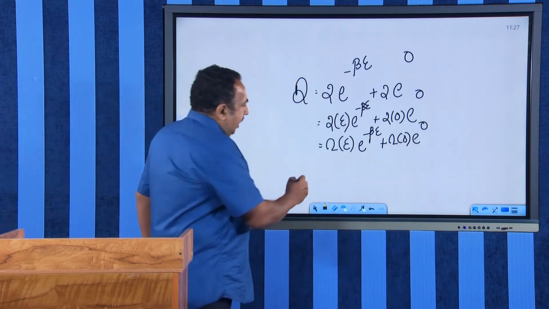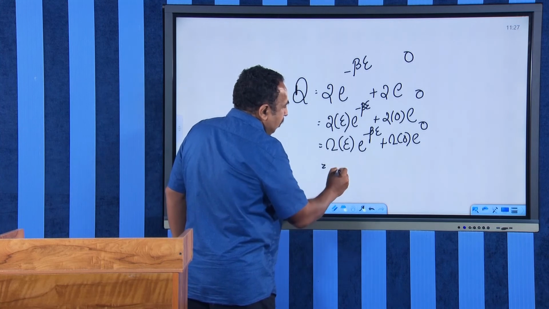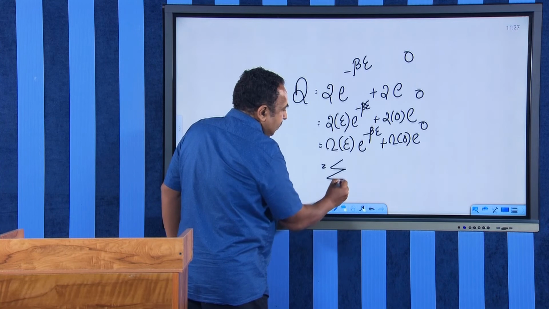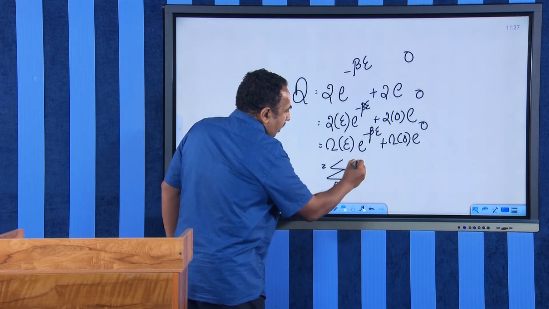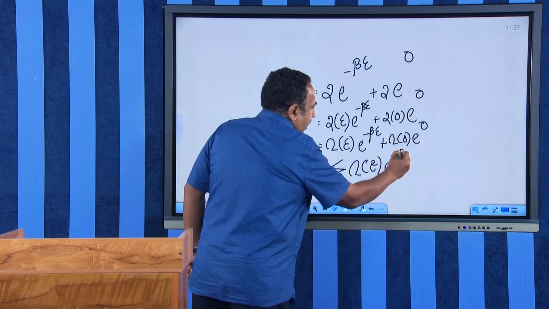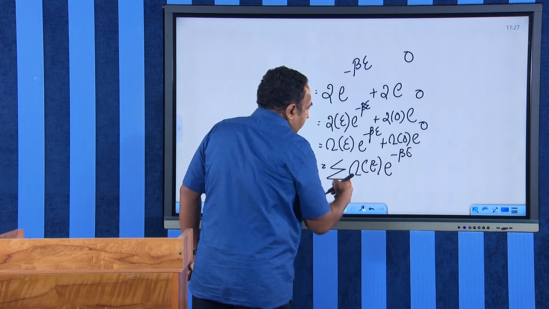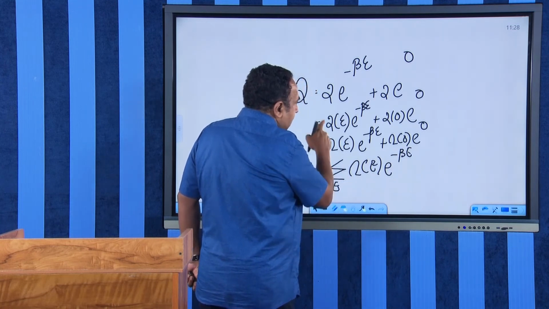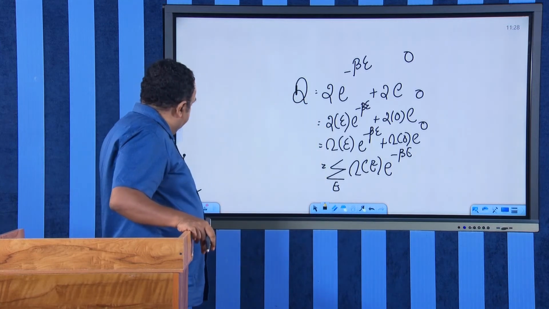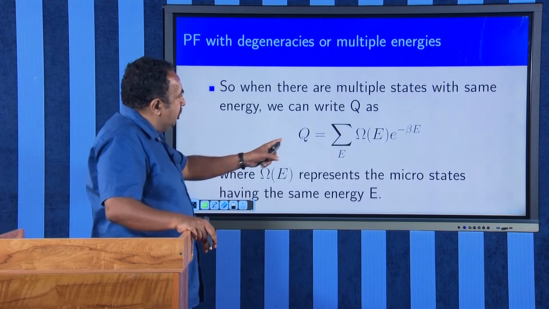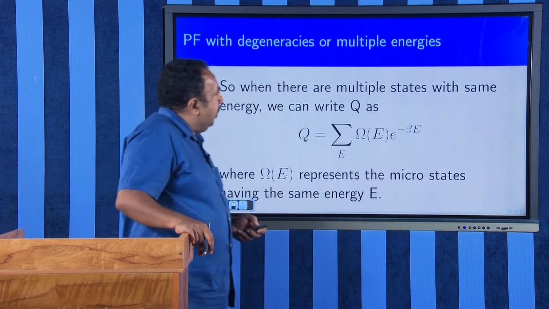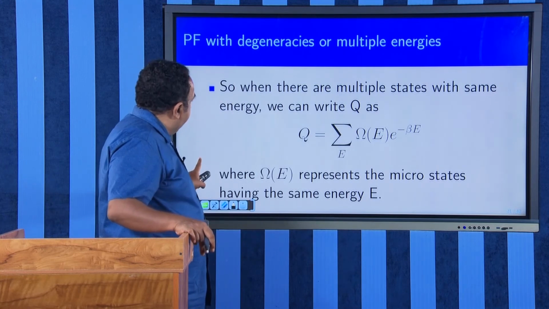In general, I can rewrite this expression as a sum over E of omega of E, e raised to minus beta E. And what I mean is, this omega of E is how many times that energy is coming, it is repeating. Yes, that is why your Q is sum over E omega of E e raised to minus beta E.